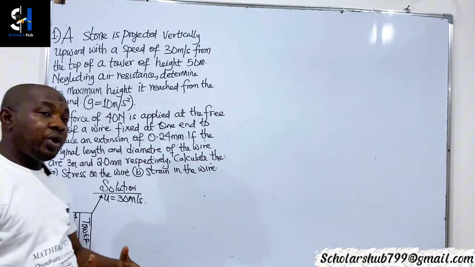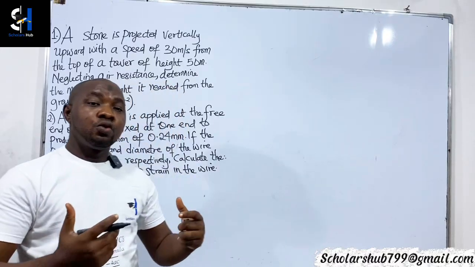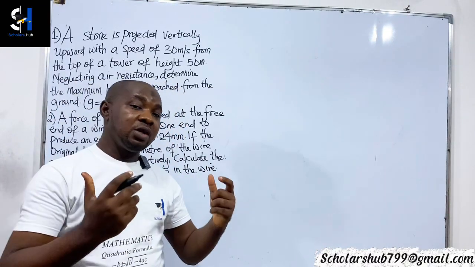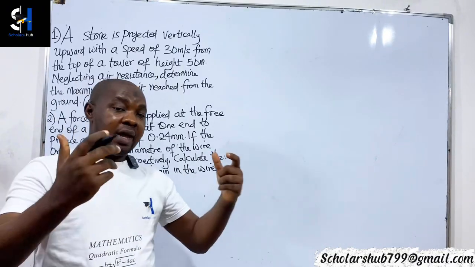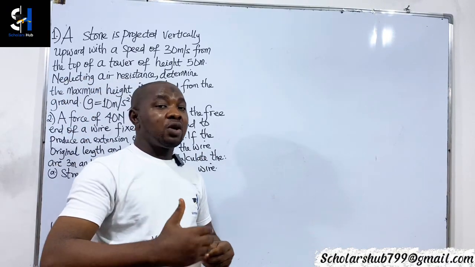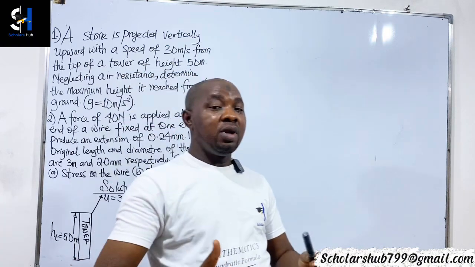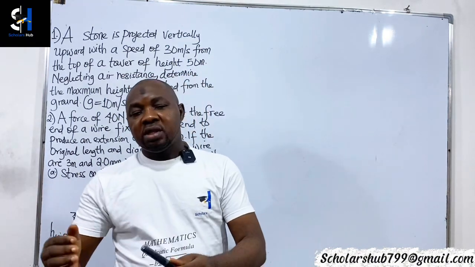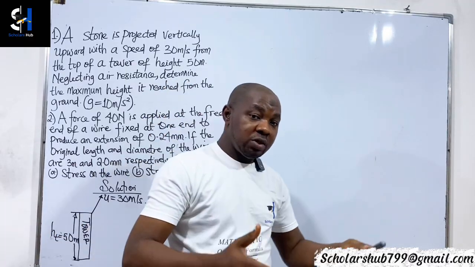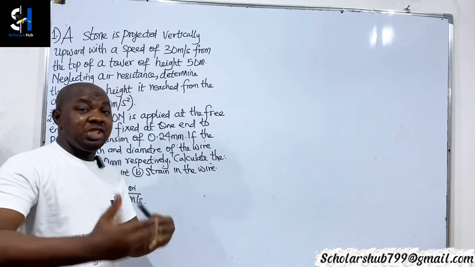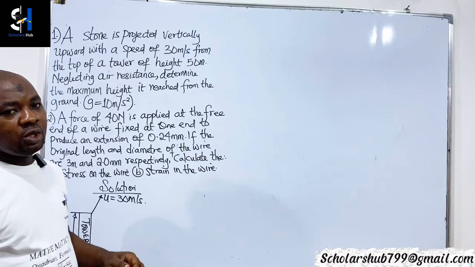We know that when an object is thrown vertically upward or projected into the air, it will move in a curved or parabolic path, with the horizontal velocity remaining constant, while the vertical velocity will be changing due to gravity.